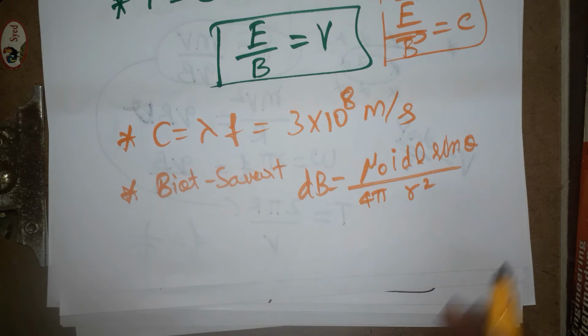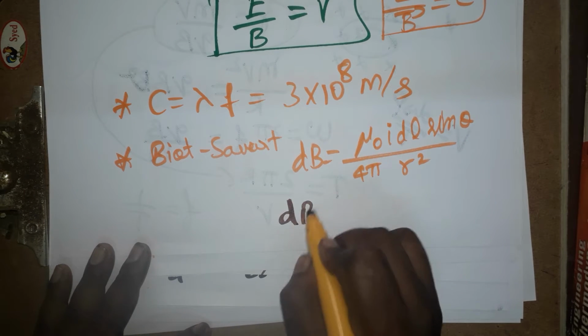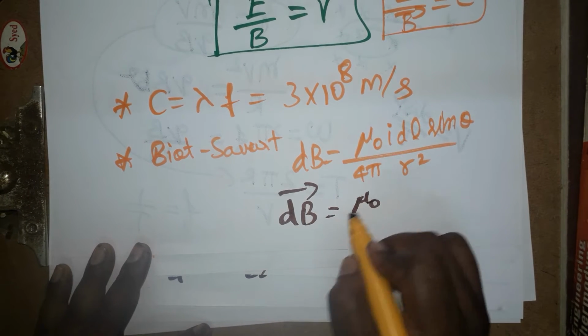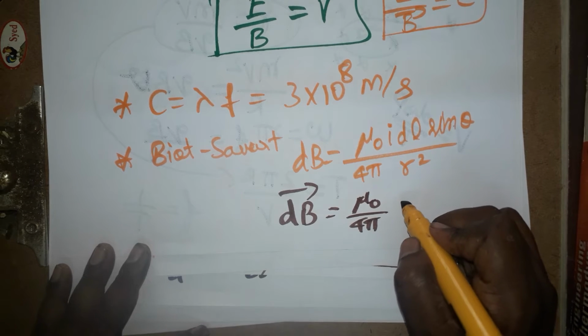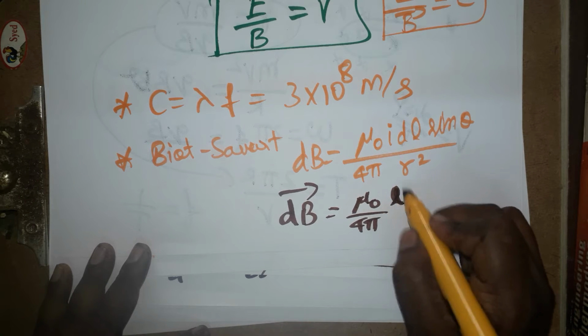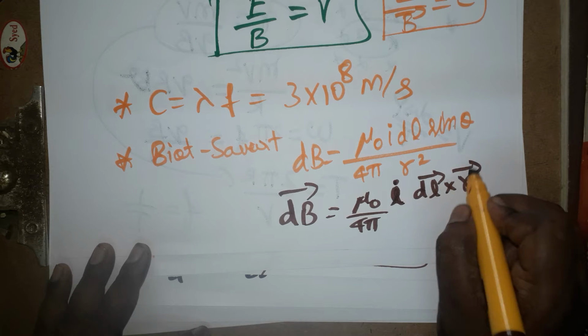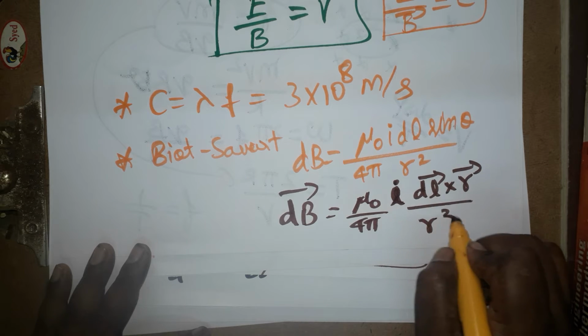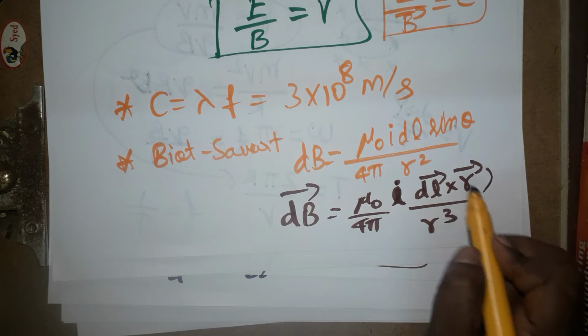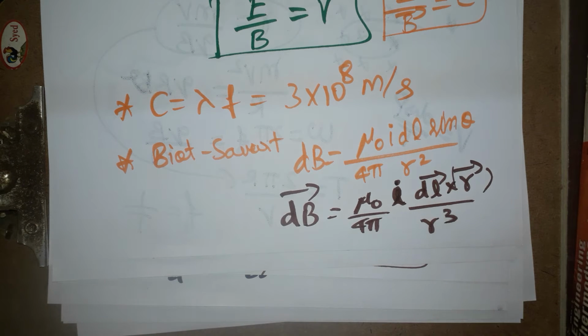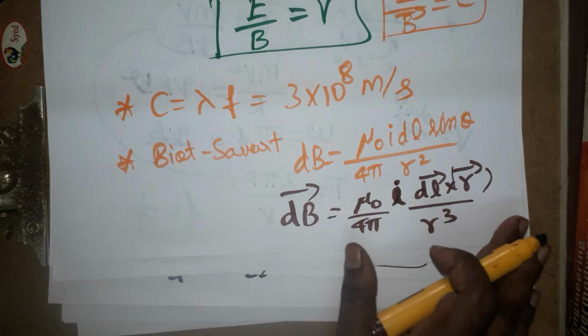Vector form of Biot-Savart law, how can we write it? dB vector is mu naught divided by 4 pi, I is current, dl vector cross r vector, because of sin theta, divided by r cube. When you include r in the numerator, the denominator becomes a cube. It's a very simple explanation, the vector form of Biot-Savart law.